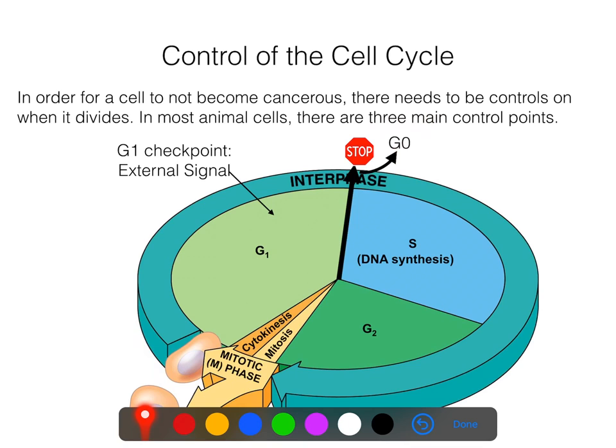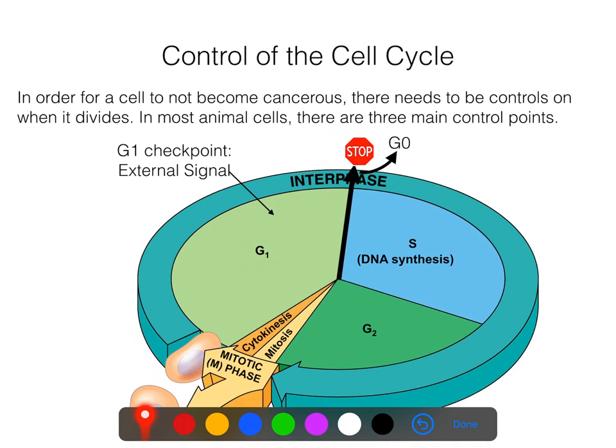A lot of cells, say your neurons, when they reach this stop point, go into G0 and stay there forever. For some cells, they go into G0 and can stay there indefinitely, but in an emergency situation, they could be reactivated and told to divide. So that would be permanent versus temporary.